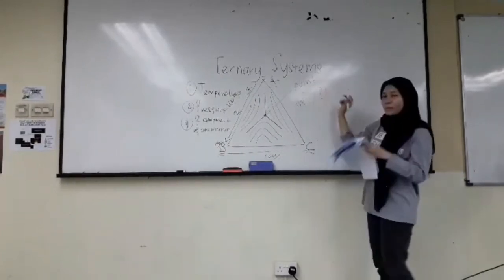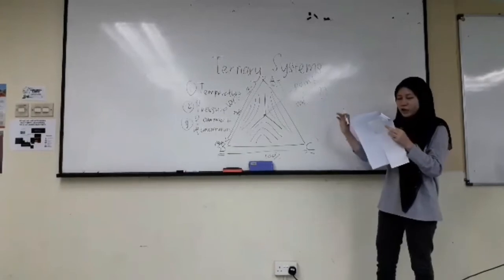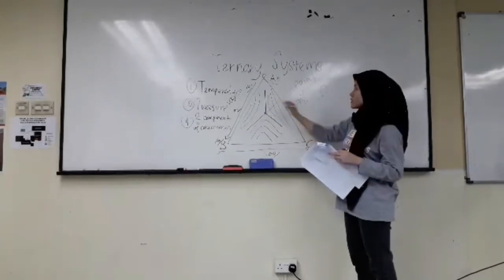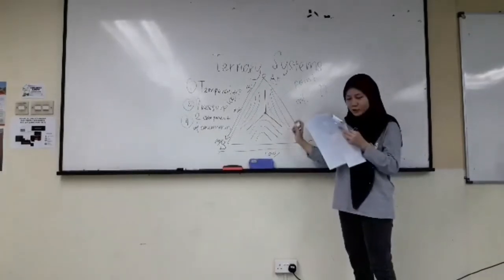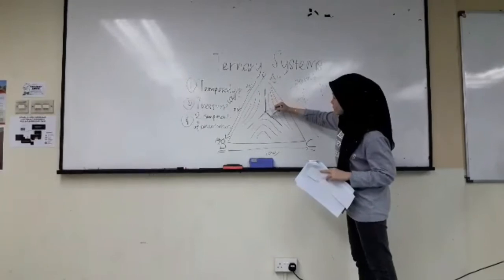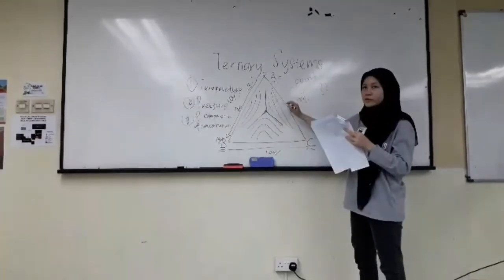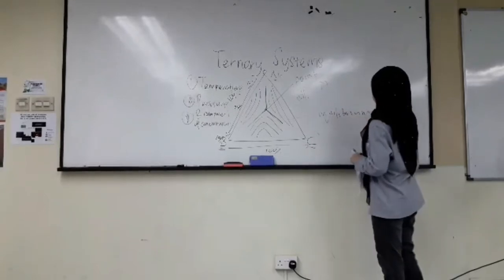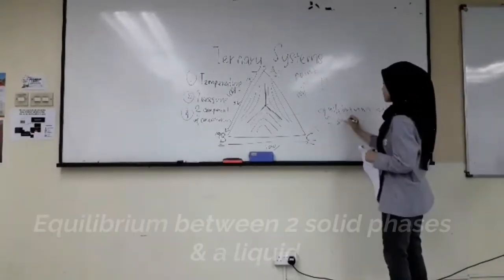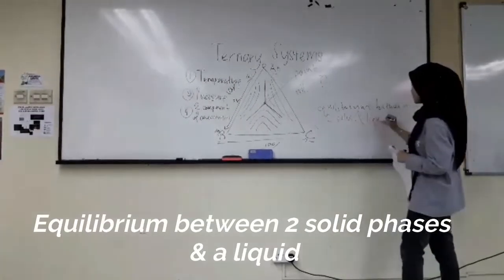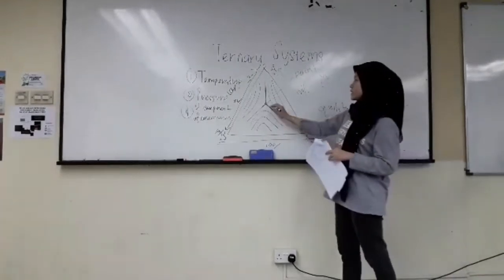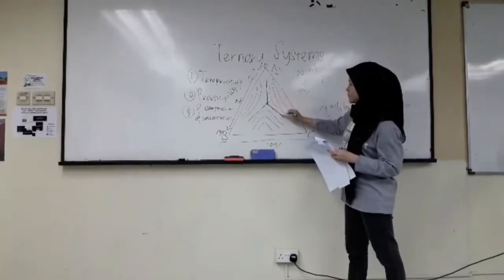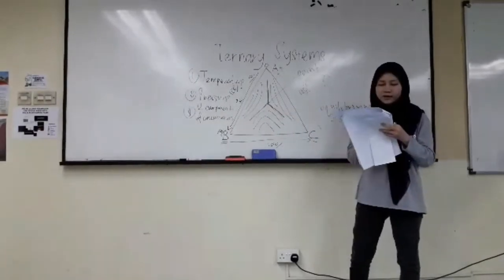Okay, what is a point? The point is the intersection of the boundary curves representing phases in equilibrium. It means it represents 3 solid phases and a liquid, because in this triangle there are 3 solid phases and a liquid. Okay, so this one is the boundary curve. The boundary curve represents equilibrium between 2 solids and a liquid. So it is easy to remember: here is our intersection because it is where the 3 meet, and this line is the boundary curve.